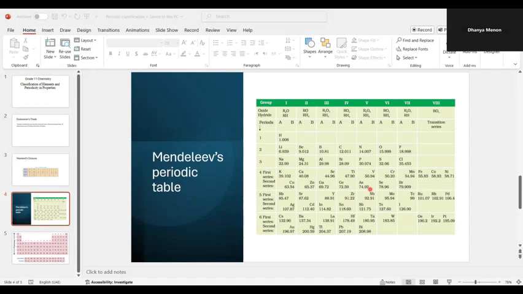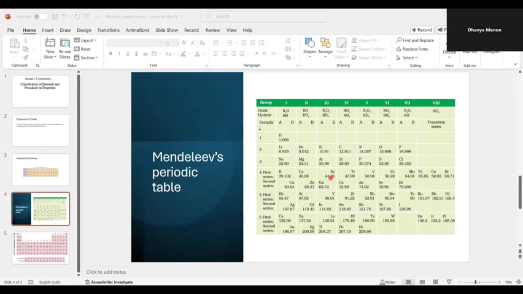Also, he left gaps in the periodic table for the undiscovered elements, and also predicted the properties of the undiscovered elements. In your NCERT books, you have information regarding this: below aluminium, he left a small gap and named the elements Eka aluminium and Eka silicon.